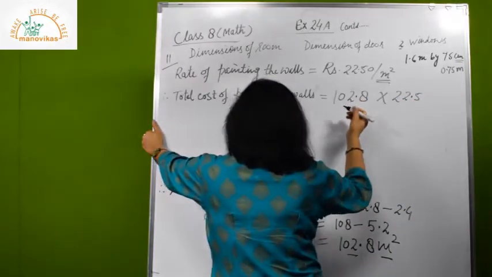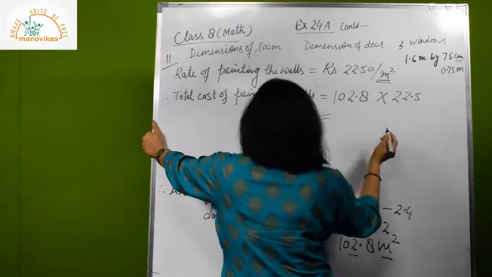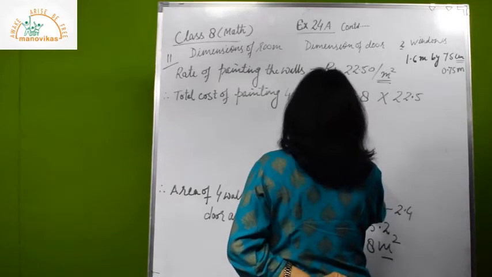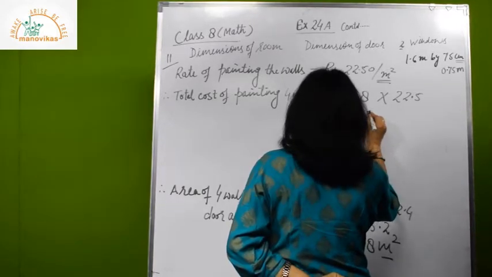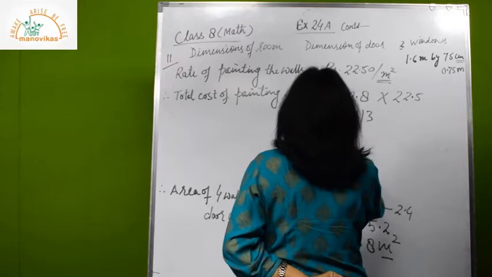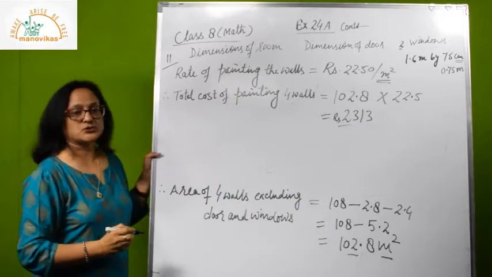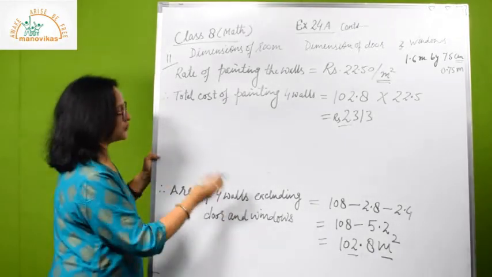So if you multiply this, you will get the answer rupees 2313. This much is the total cost of painting the 4 walls.